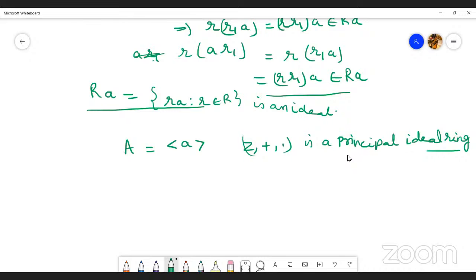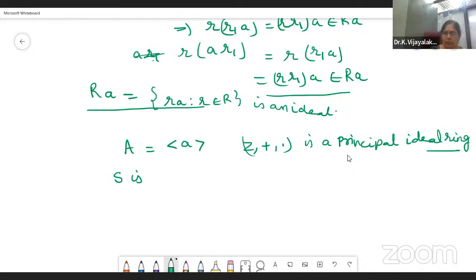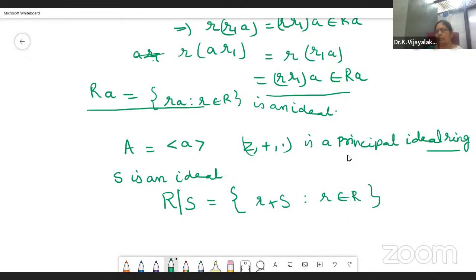Now suppose S is an ideal. Then we can talk about R by S, which contains the set of all cosets r plus S such that r belongs to R, with respect to addition and multiplication.